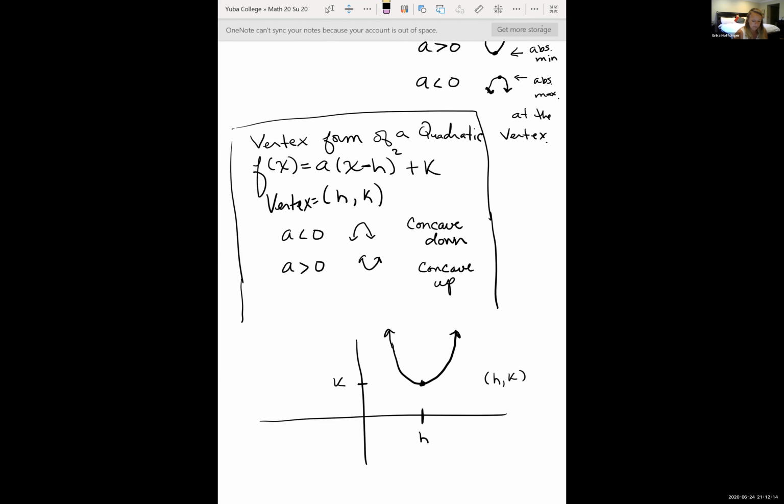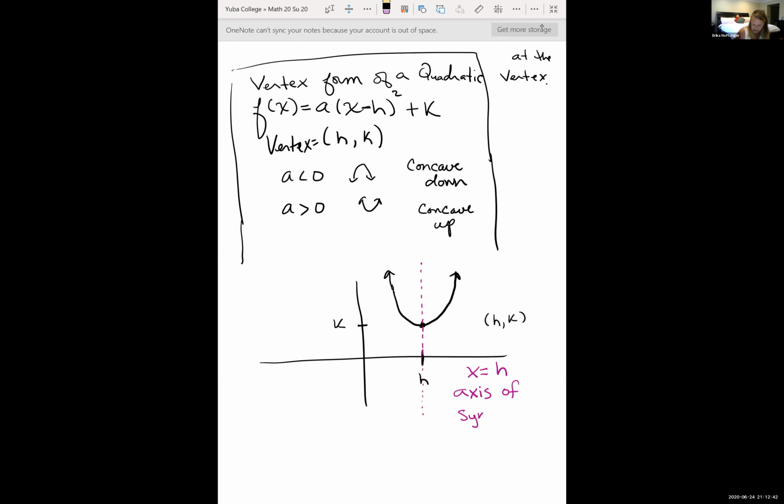Notice that if we folded our paper along this vertical line through x equals h, remember vertical lines are in the form of x equals a number, x equals h is called our axis of symmetry. So basically I could fold my paper along that line and it would be a mirror image across.